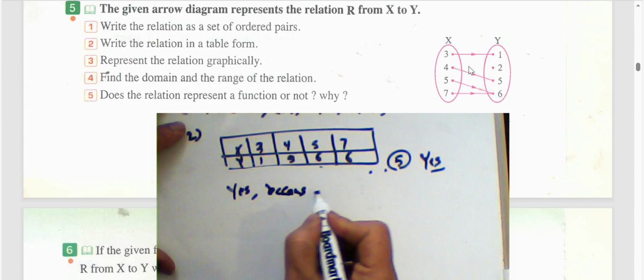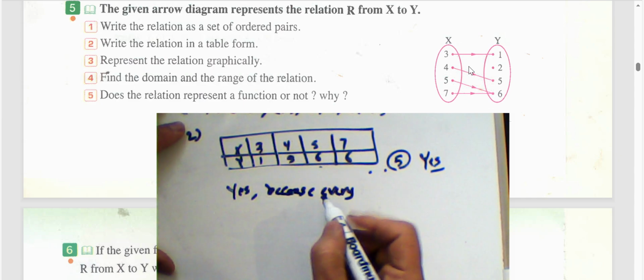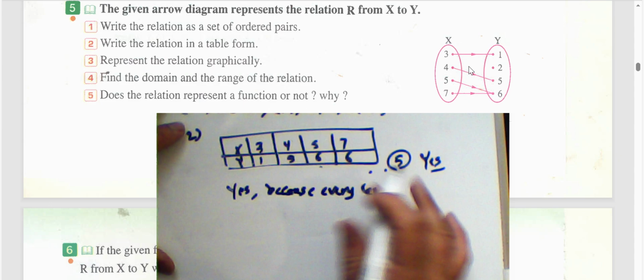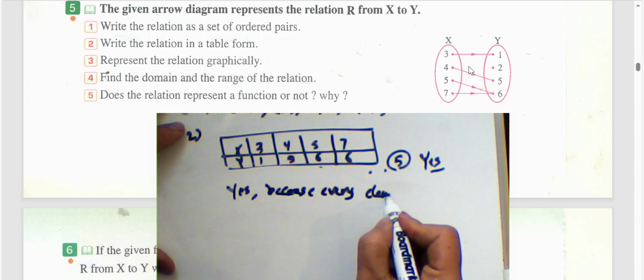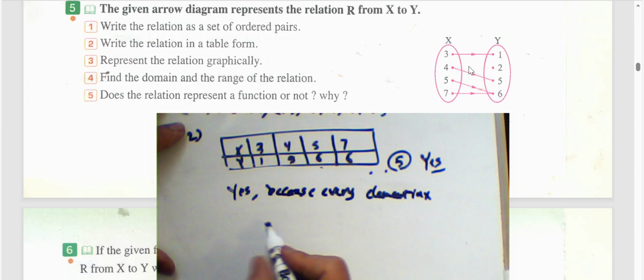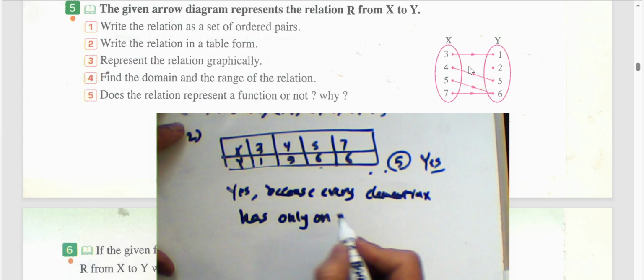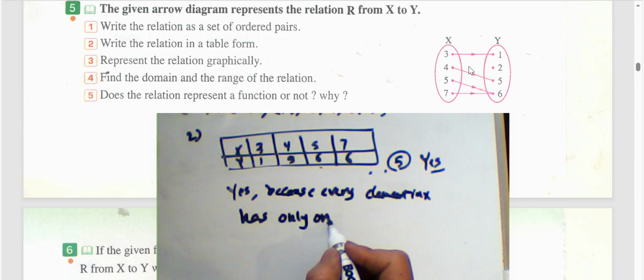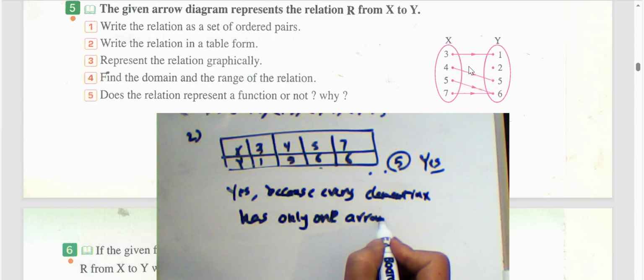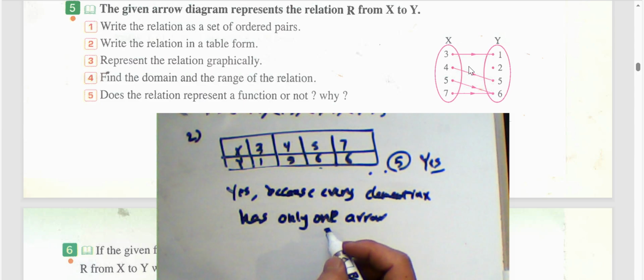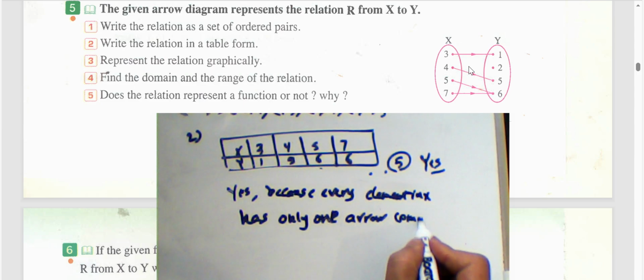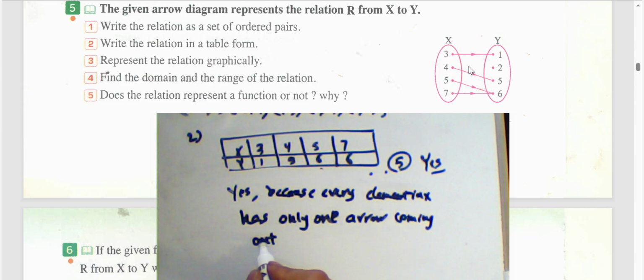Because every element in X has only one arrow coming out of it in the arrow diagram.